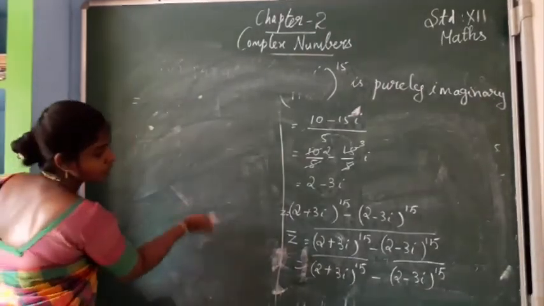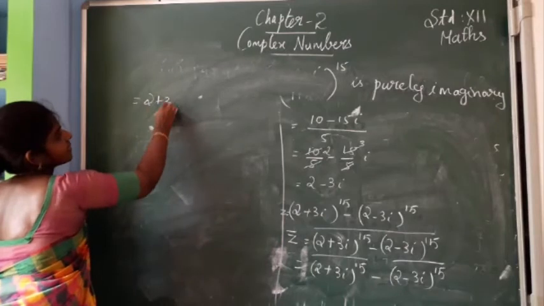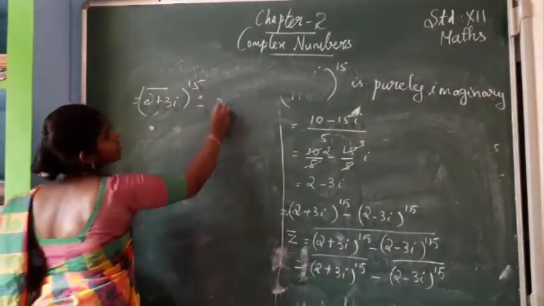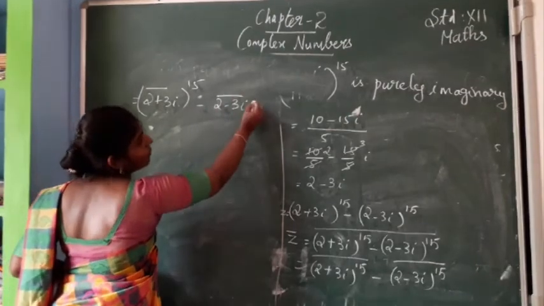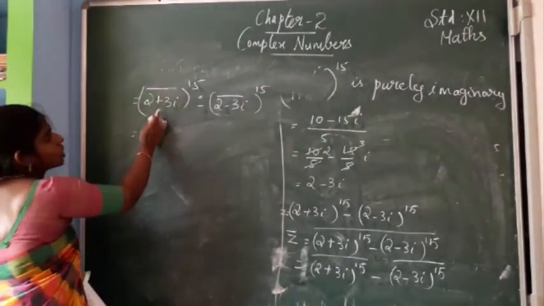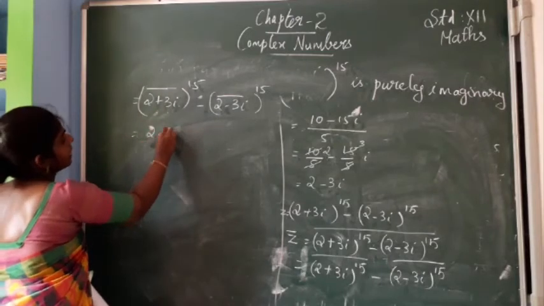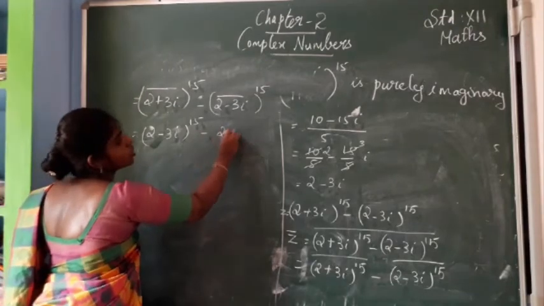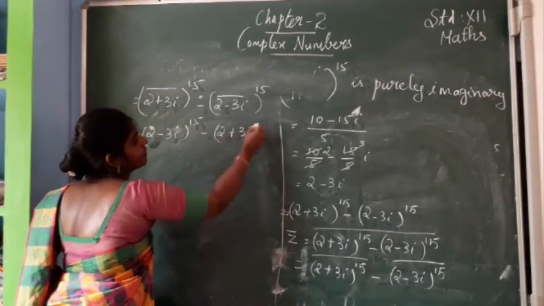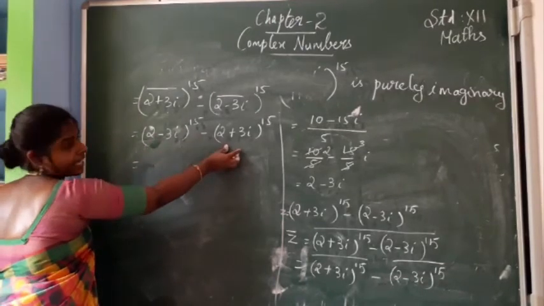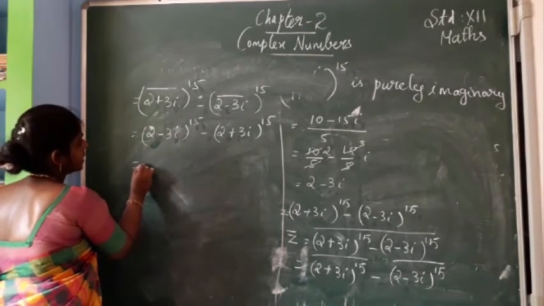That's equal to (2 plus 3i) whole bar to the power 15 minus (2 minus 3i) whole bar to the power 15. You have to take the conjugate. So (2 minus 3i) to the power 15 minus (2 plus 3i) to the power 15. You got this answer. So we can take minus outside.